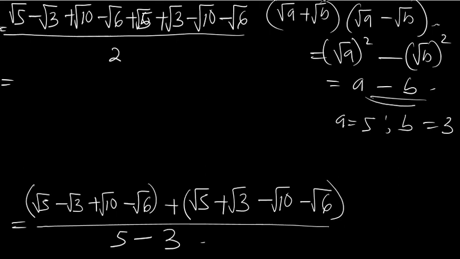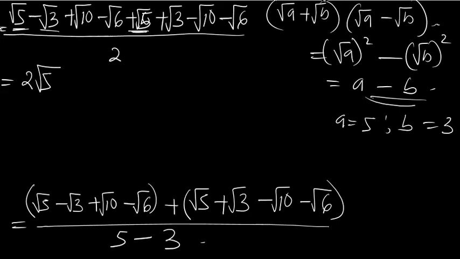So this will now be equal to: you have square root of 5, and the similar term here is square root of 5. So square root of 5 plus square root of 5 will give you 2 root 5. Now let's look at the similar term here.